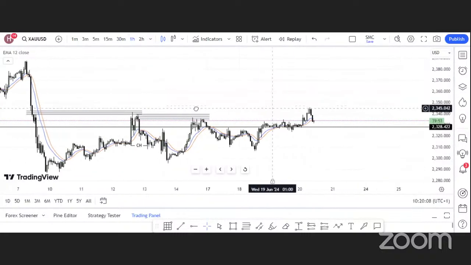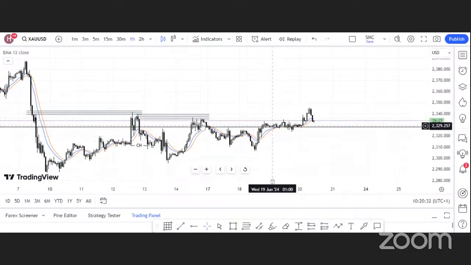All right. So now we had another break to the upside. This is the 1 hour time frame. See, something happened here. After this, we expect the market to go down.